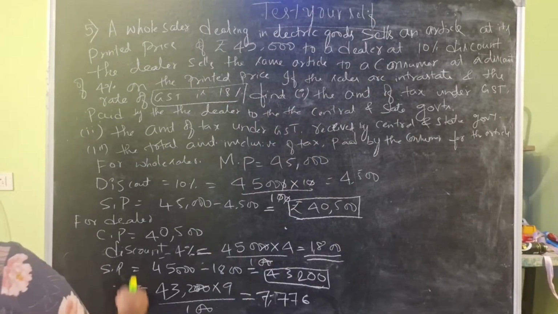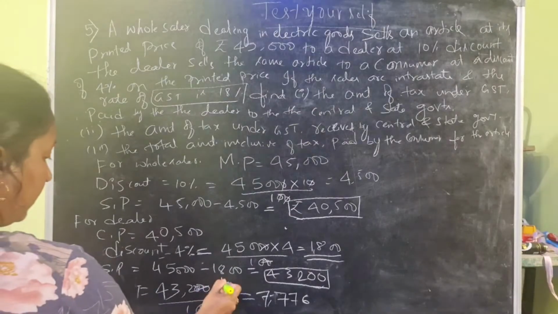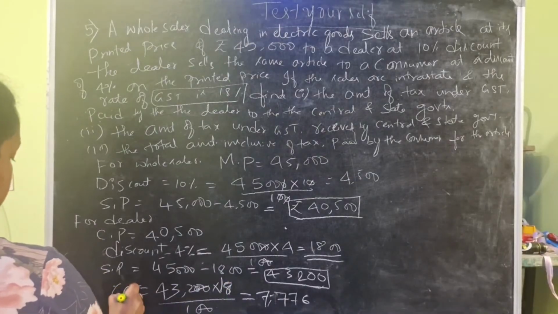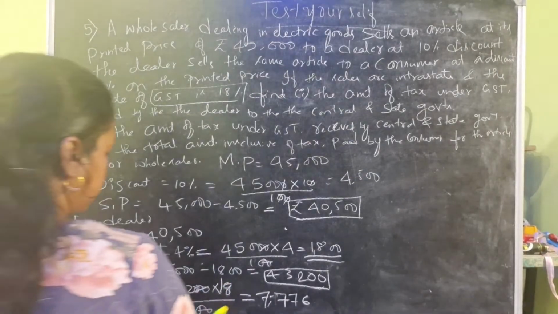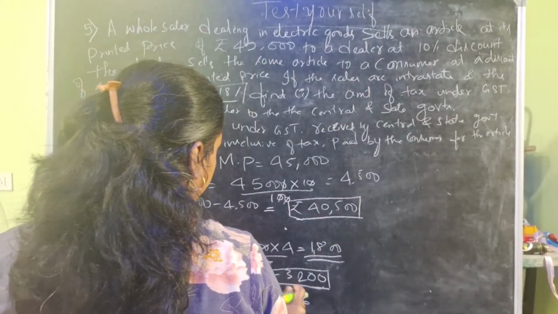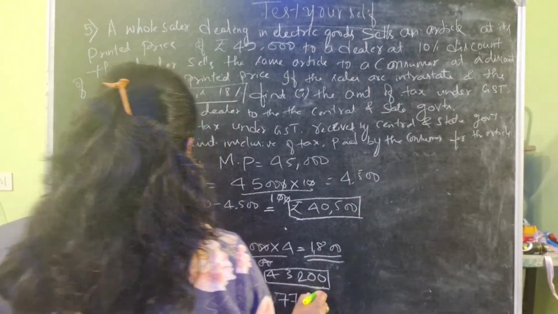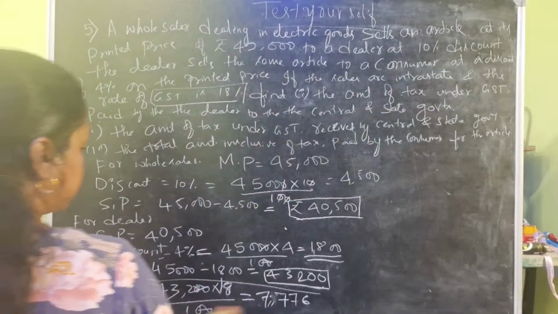Instead of CGST we can find GST directly. So 7,776 is the GST.